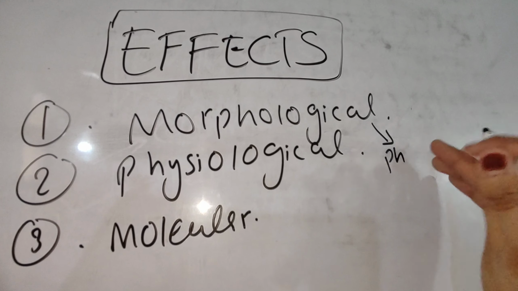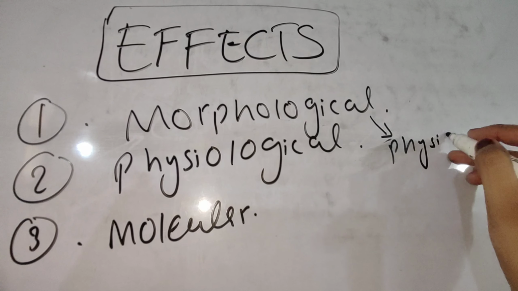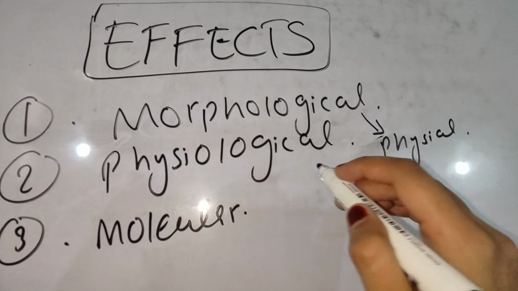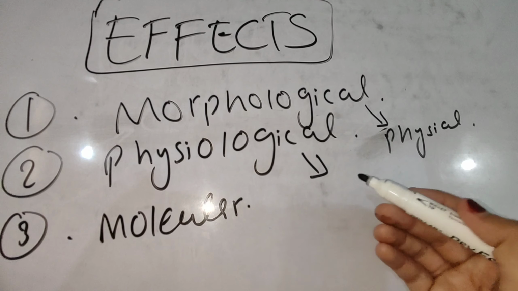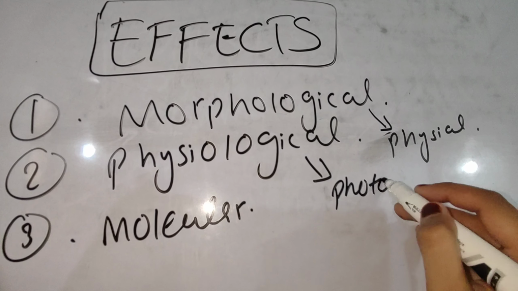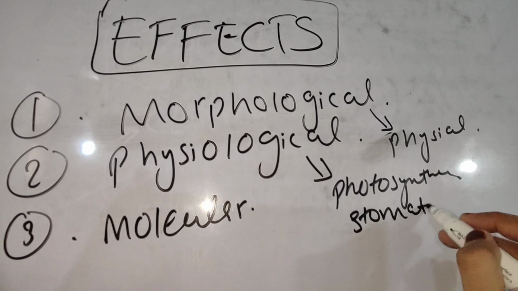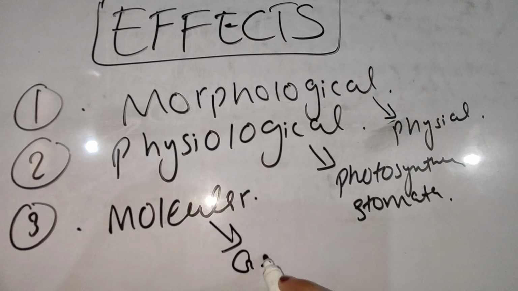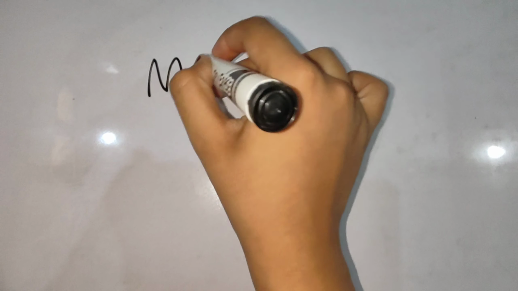Morphological is actually physical or apparent, that is visible, we can see with the naked eye. Physiological is actually like photosynthesis, stomata, etc. And molecular is at gene level. Okay guys, let's talk about the morphological effects.